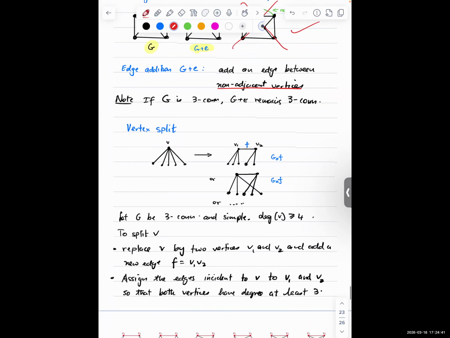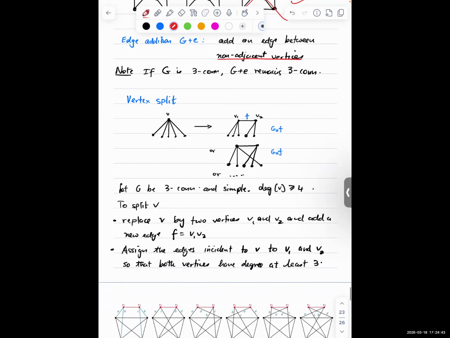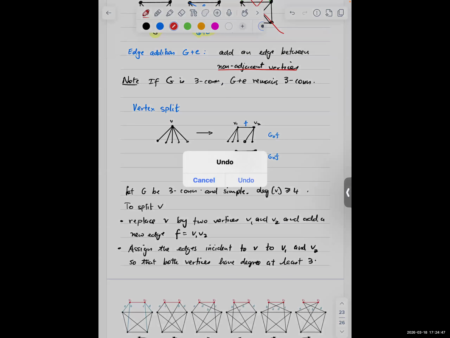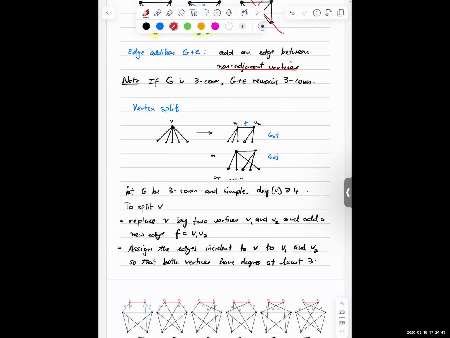So now vertex split. There's something about this operation that really requires going down into details, and I'm just focused on 3-connected graphs here. So I'll put some conditions to make it a little simpler: vertex split of simple, and on top of that, simple 3-connected graphs.